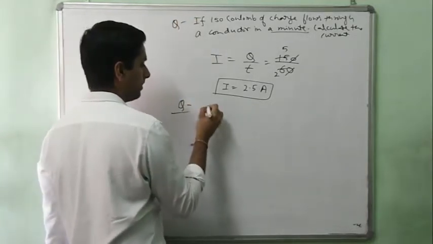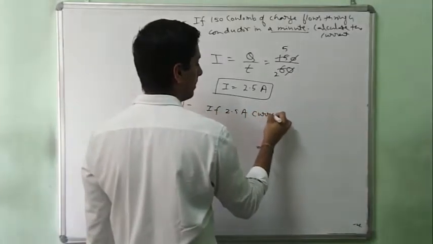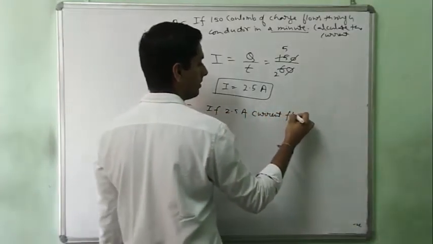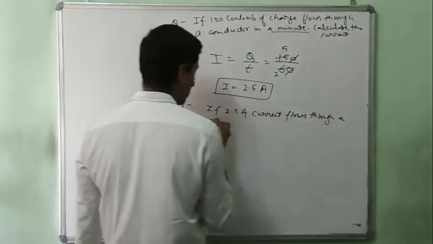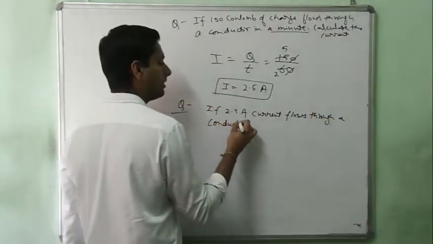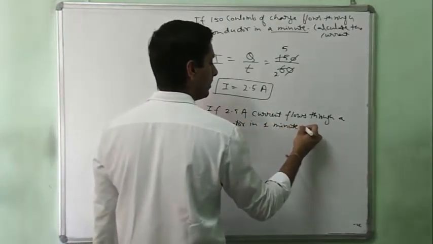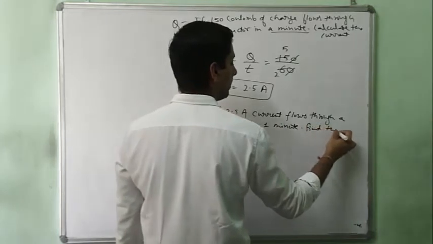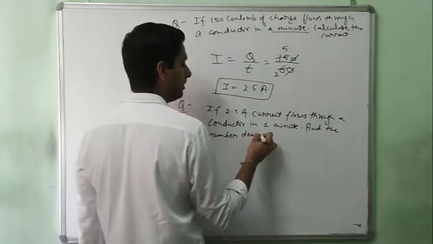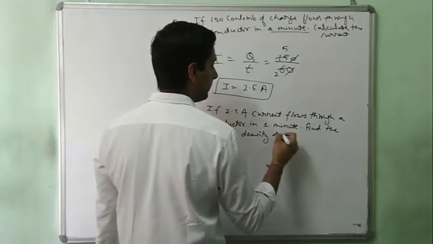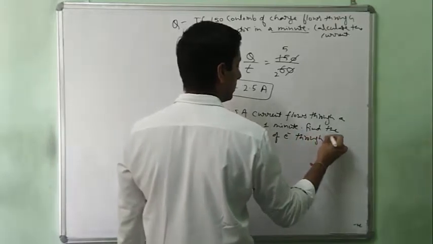Now, if 2.5 ampere current flows through a conductor in 1 minute, find the number density of electrons through the conductor.